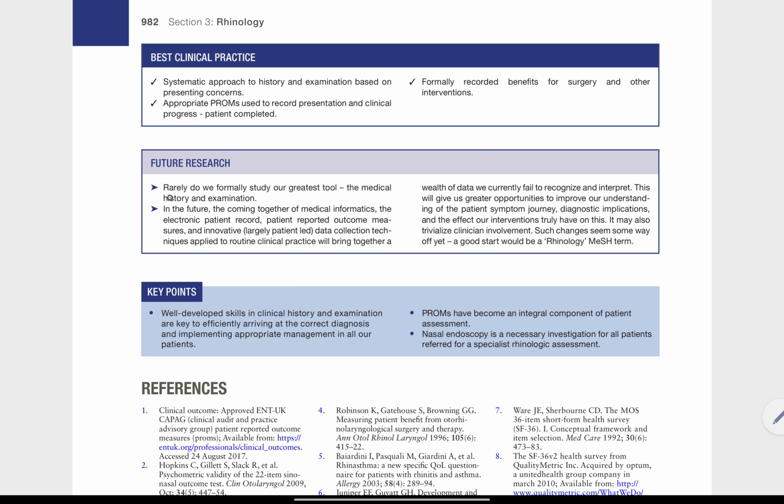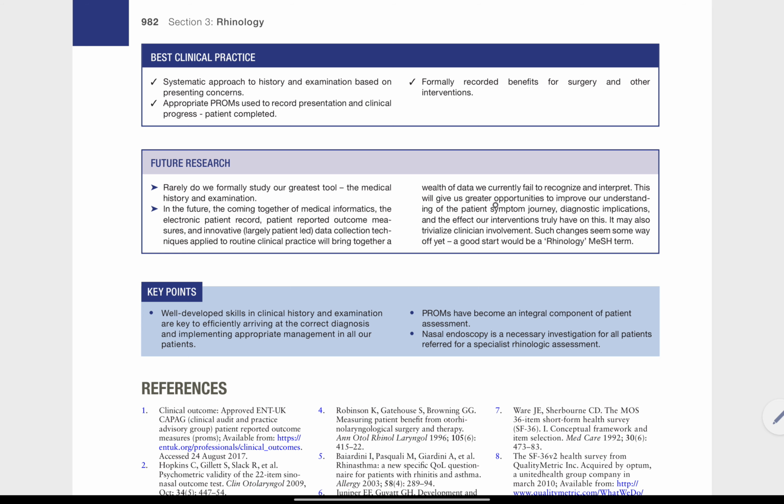Future research. Rarely do we formally study our greatest tool, the medical history and examination. In the future, the coming together of medical informatics, the electronic patient record, patient reported outcome measures, and innovative, largely patient-led data collection techniques applied to routine clinical practice will bring together a wealth of data we currently fail to recognize and interpret.